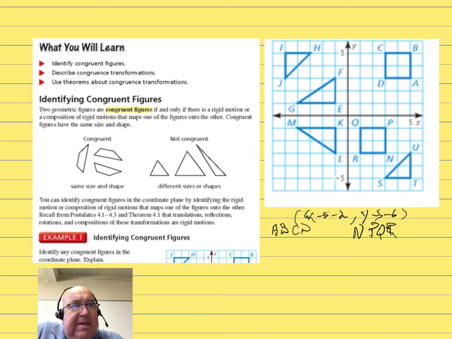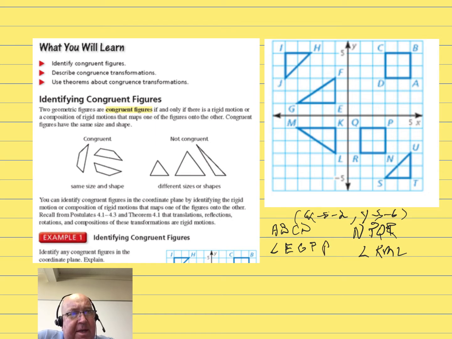We look at triangle EGF and triangle KML, and we can see that they were reflected across the x-axis.